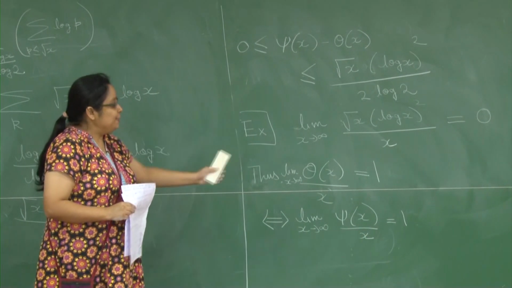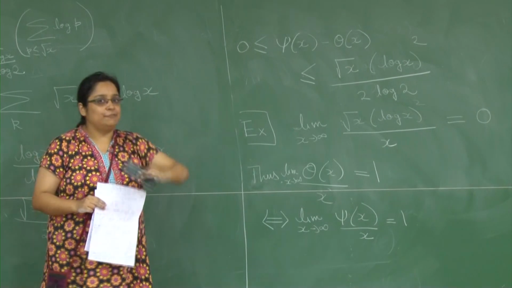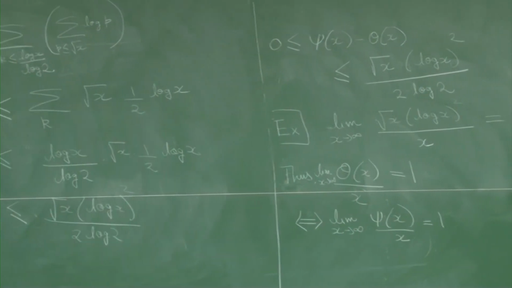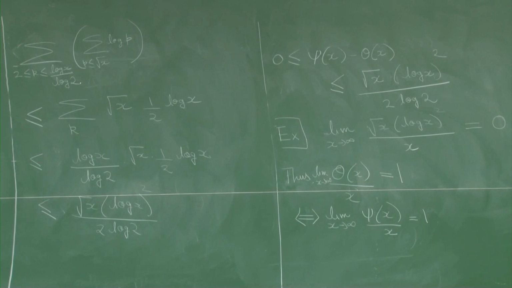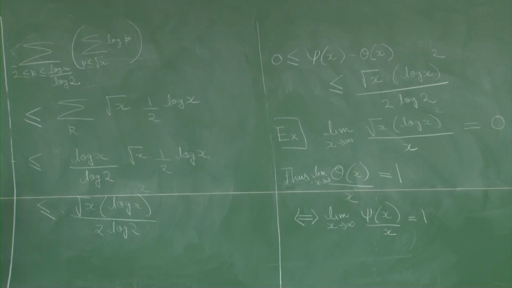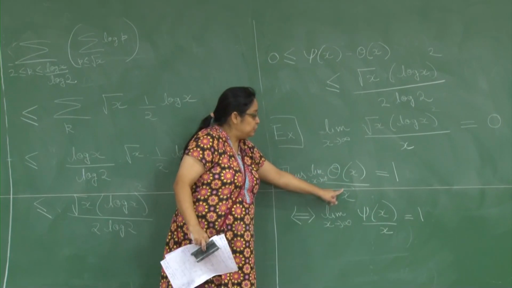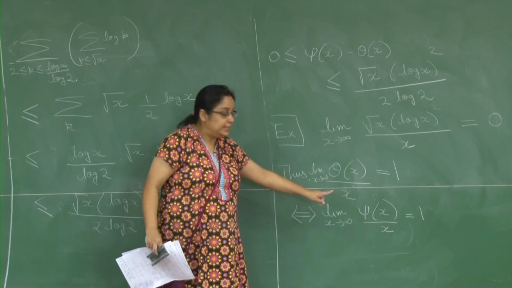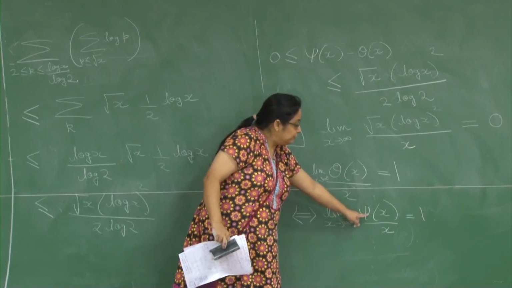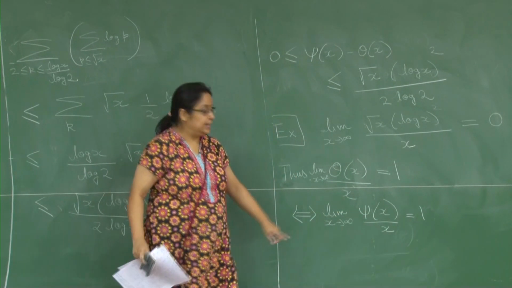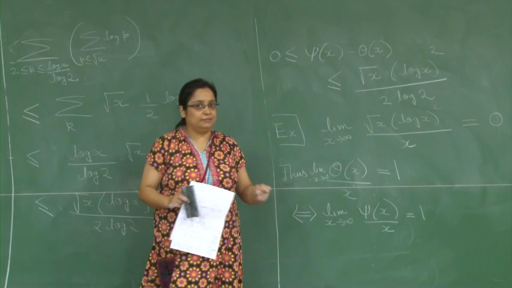So, what have we got? We have got 3 different forms of writing the prime number theorem. Pi of x is asymptotic to x over log x as x goes to infinity is equivalent to saying that theta of x is asymptotic to x as x goes to infinity, which furthermore is equivalent to saying that psi of x is asymptotic to x as x goes to infinity.